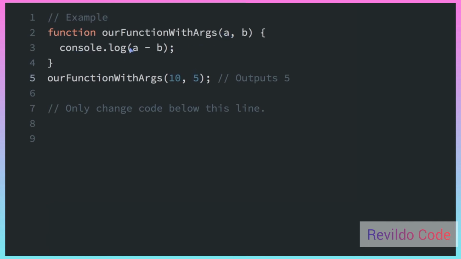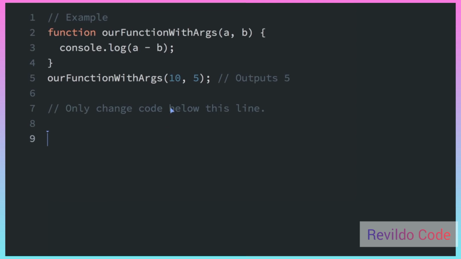So when the function runs, it can use the information that's passed into the function. So in this case, it says console.log A minus B. Well, that's going to be 10 minus 5 because the numbers 10 and 5 have been passed into the function, and that's going to output 5.